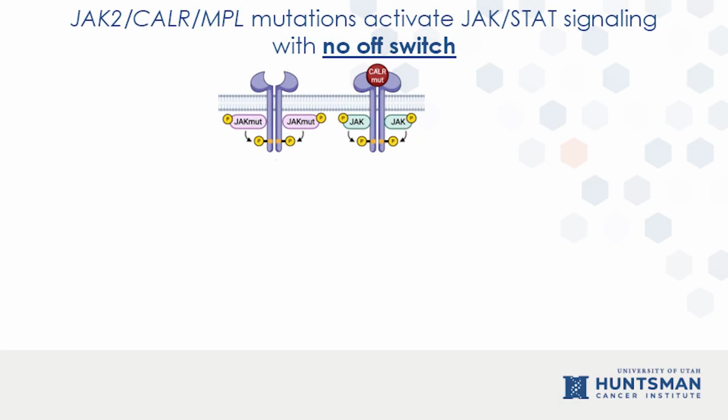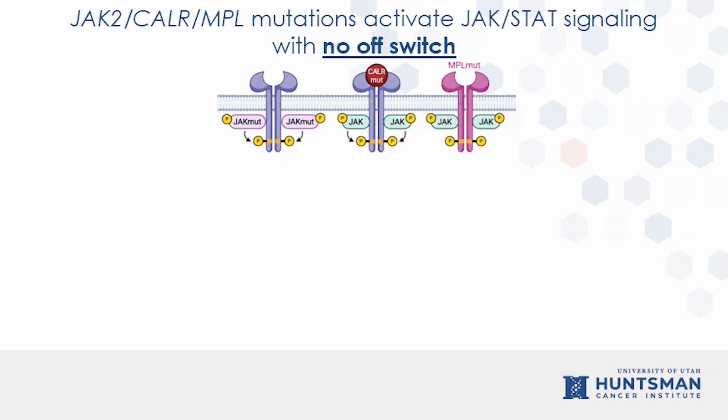CALR mutations are actually really interesting because they sort of act like a cytokine. They bind to the receptor and activate it, but they're not a cytokine. So they're able to bind to that receptor in a different spot where the cytokine would normally bind, but the receptor still views that as, I'm being activated by a cytokine.